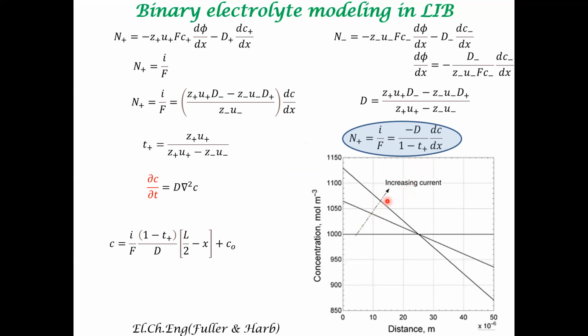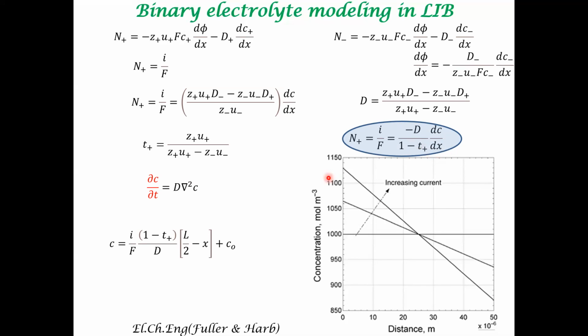As we will also see further, the steeper the concentration gradient, the greater the potential penalty. You will see that quantitatively in a subsequent lecture. But within this lecture, what you should be able to appreciate is that if you can increase the transference number, the concentration gradient that is generated is going to be less.